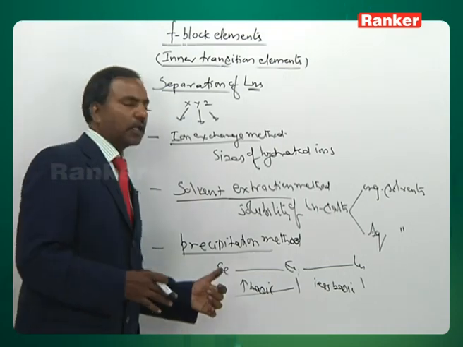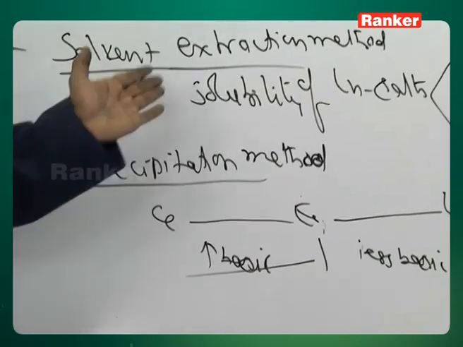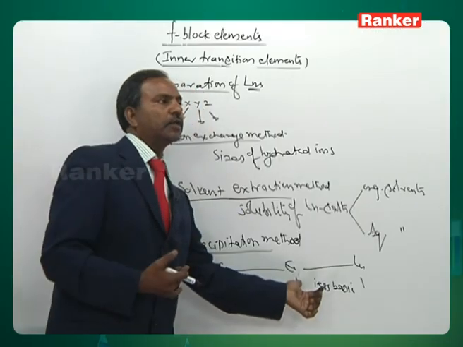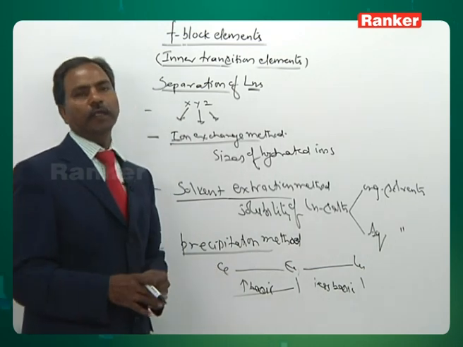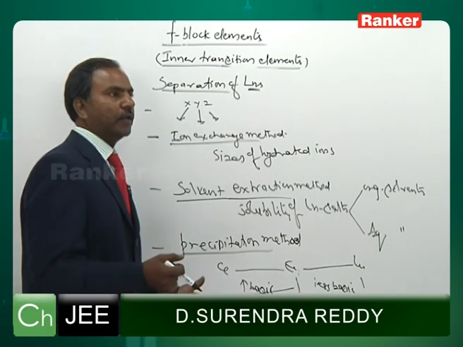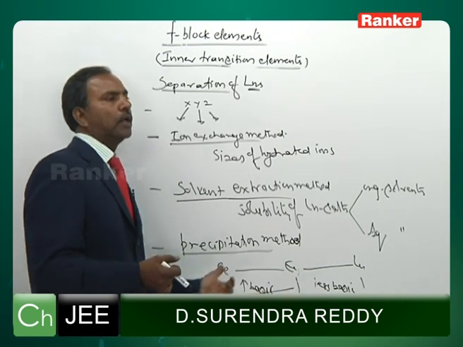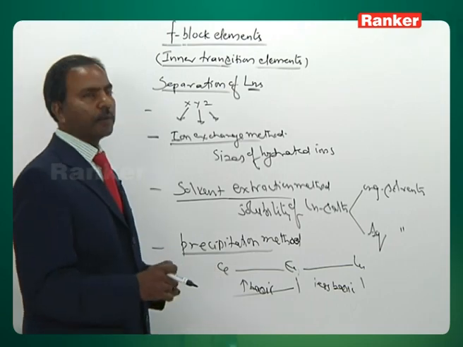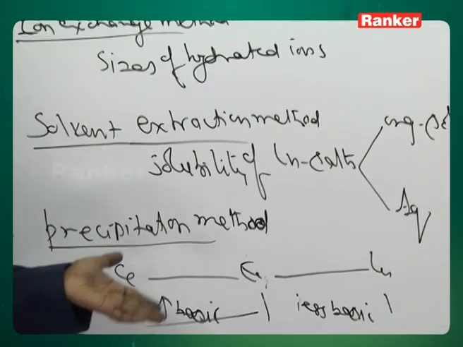The third method is based on the rate of precipitation of hydroxides. The right-hand side lanthanides, the second half, are rapidly precipitated because they are less basic in comparison to the left-hand side half. These are the methods to separate one lanthanide from the other lanthanides.